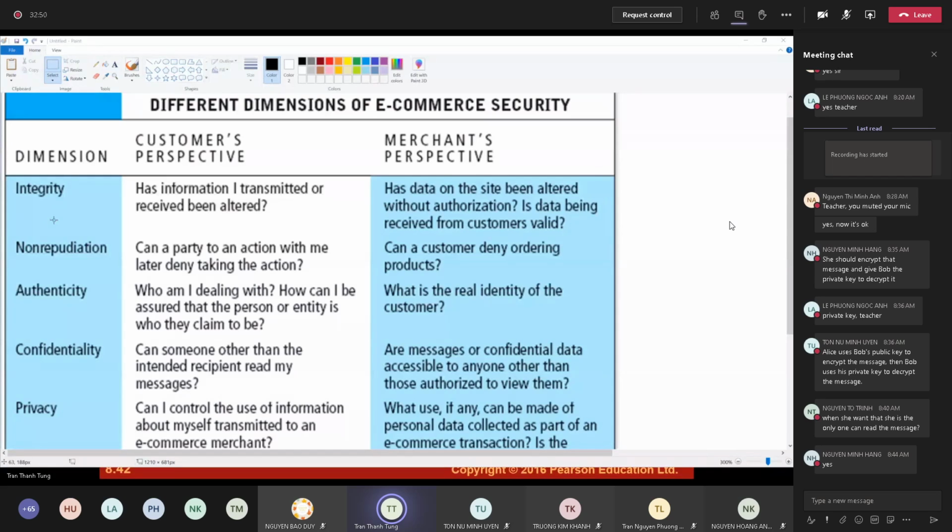Because now we are on the internet, we want to ensure some property like that. I want to ensure that my message is not altered, that it is safe in the original version from my side when it reaches the recipient.